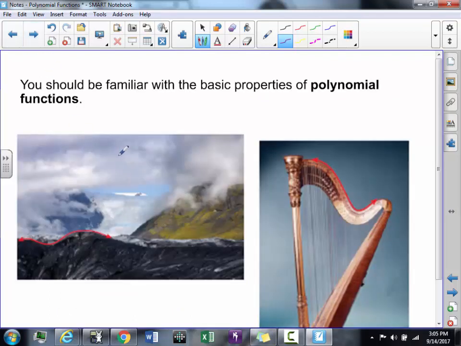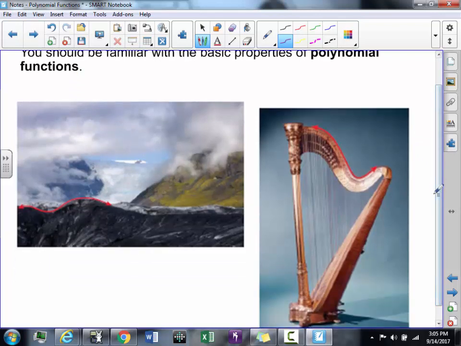Okay, I threw this slide on here just to illustrate that in real world scenarios, sometimes we can actually make a function out of it. Like a mountain range could actually be graphed with an equation. I have a buddy who works for a GPS company, and he does a whole bunch of geography tasks.